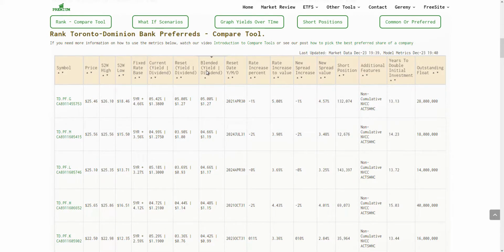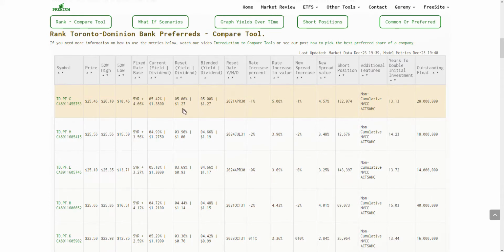As you can see, TD PFG Preferred has the following yields. The current is 5.42%, the reset is 5%, and the blended is 5%. There is a 0.42% yield drop from current to reset.